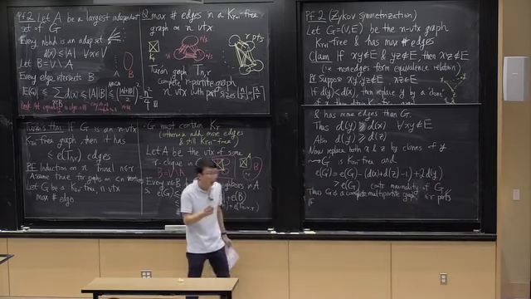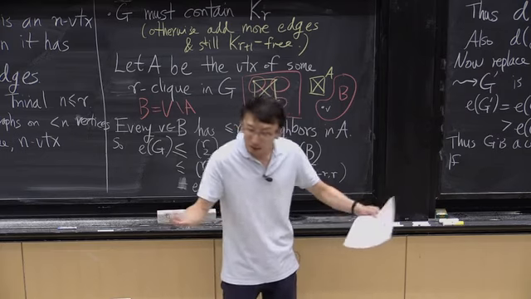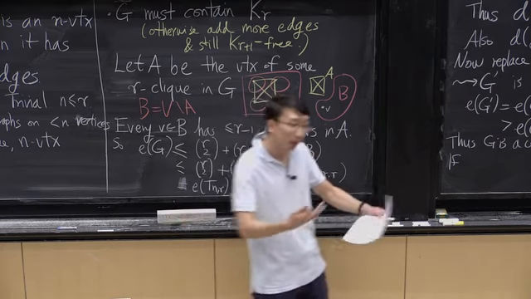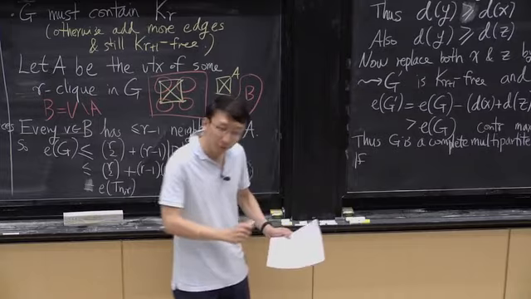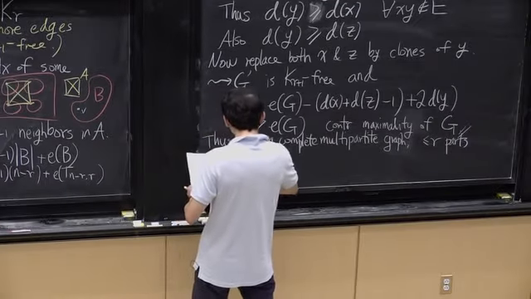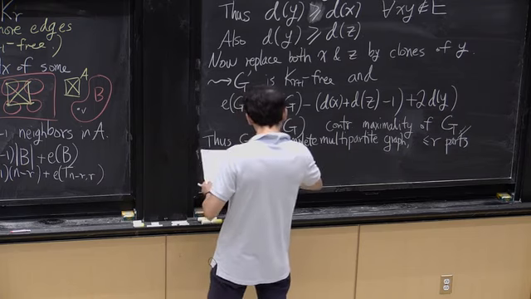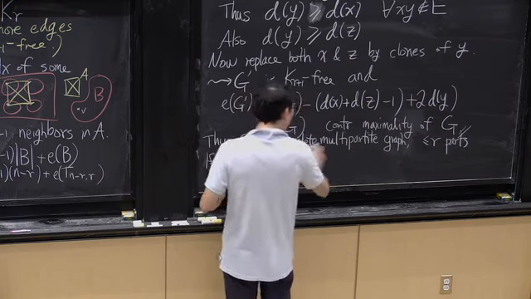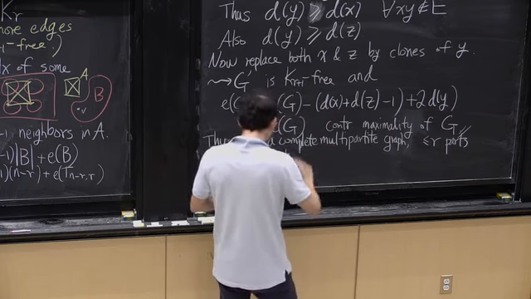And finally, the rest is fairly routine. I need to show what the part sizes have to be to maximize the number of edges. Basically, consider exactly R parts, where I allow empty parts.